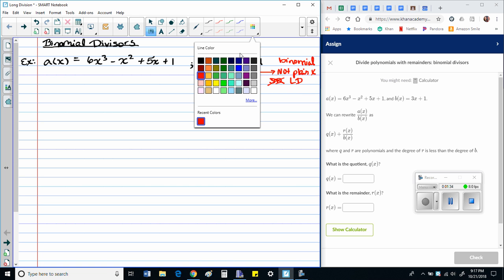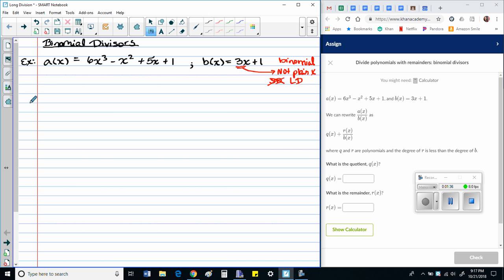All right, so we're going to set it up, and I'm going to need a line up here for my quotient. So I'm just going to skip a couple of spaces.